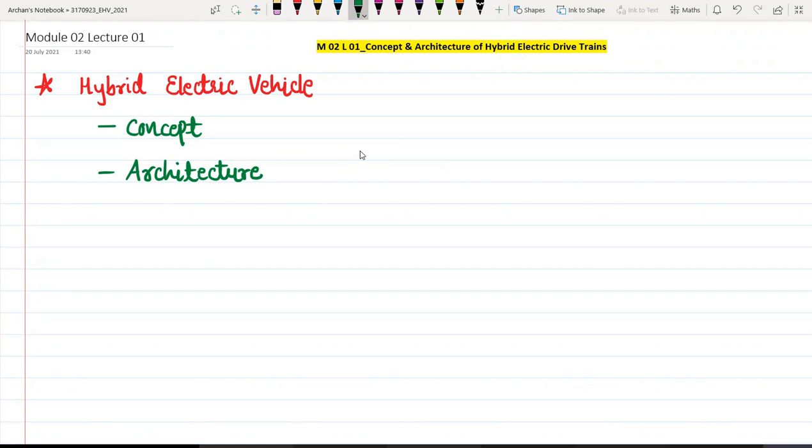So hybrid electric vehicles use two power sources, a primary power source and a secondary power source. They have the advantages of both IC engine vehicles and electric vehicles, and they overcome their disadvantages. In this particular module, we will study the basic concept and operation principle of hybrid electric vehicle powertrains.